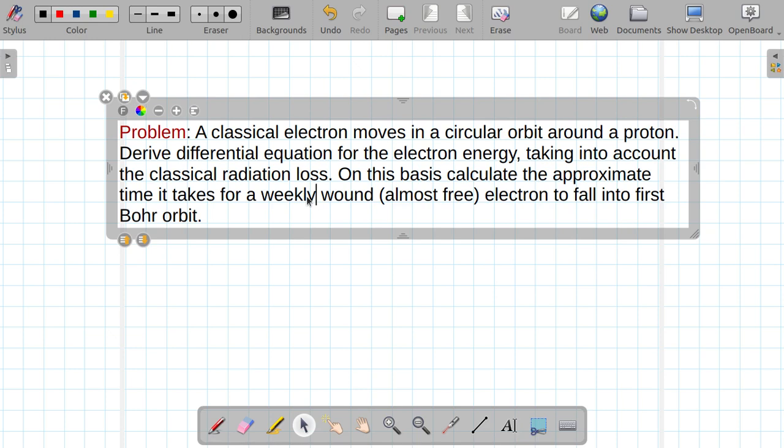So what we are interested to find out is the time when it will fall into the first Bohr orbit.